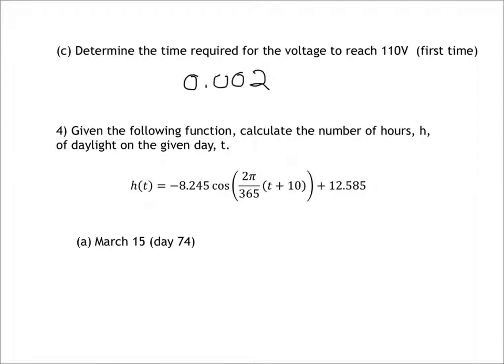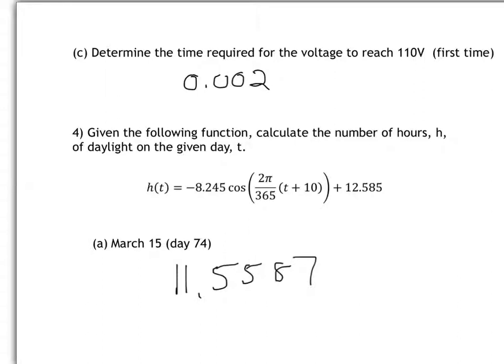And using the value feature on your calculator, if you type in this function as a definition, you then type in h of 74 for the first question, and it will give you a complete answer right away. Go ahead and pause and see what answer you get, and then compare with mine.